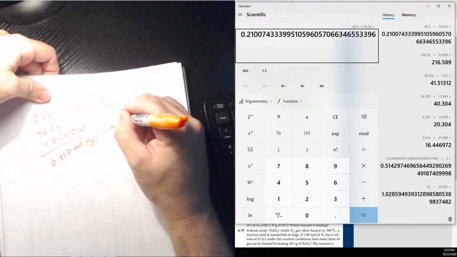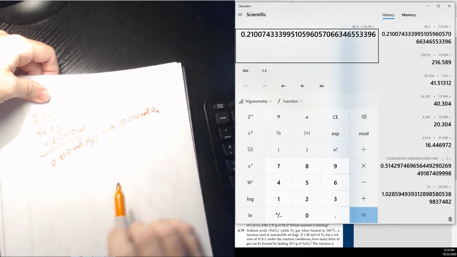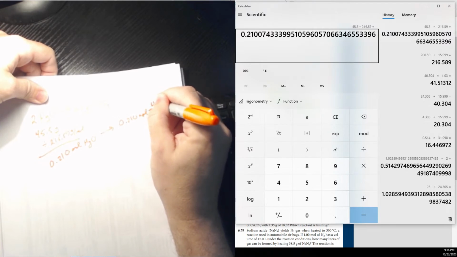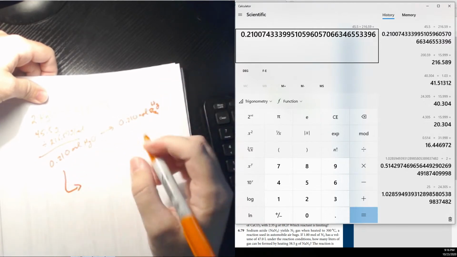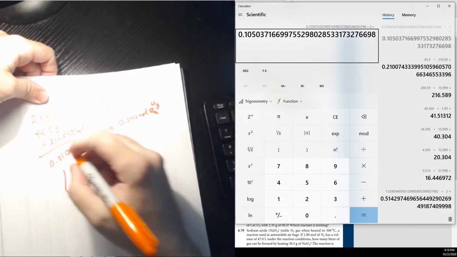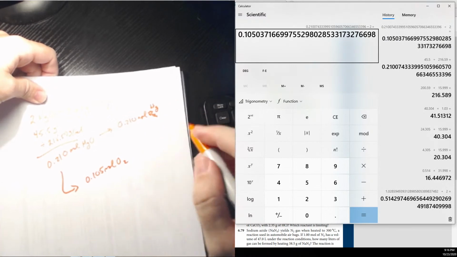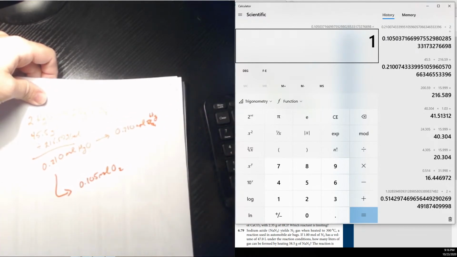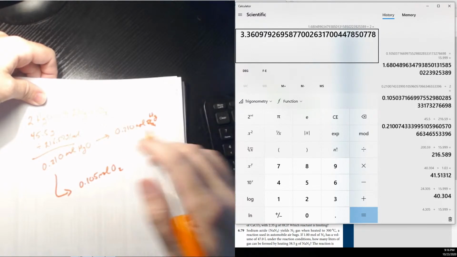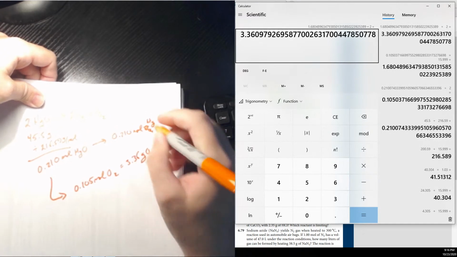That's going to make 0.210 moles of mercury. It's going to make half that much oxygen. Divided by 2, 0.105 moles of oxygen. .36 grams of oxygen.